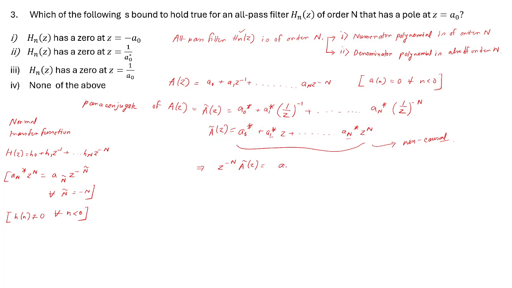So we obtain an star z to the power minus n, plus an minus 1 star z to the power minus n minus 1, up to a0 star, and this is causal.